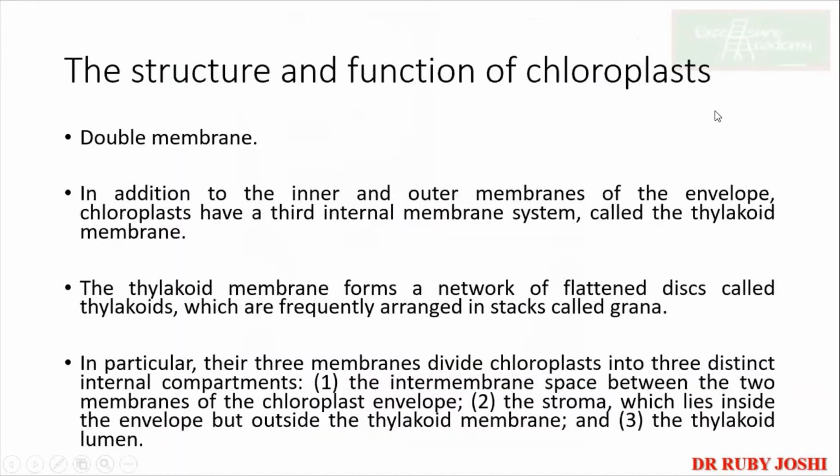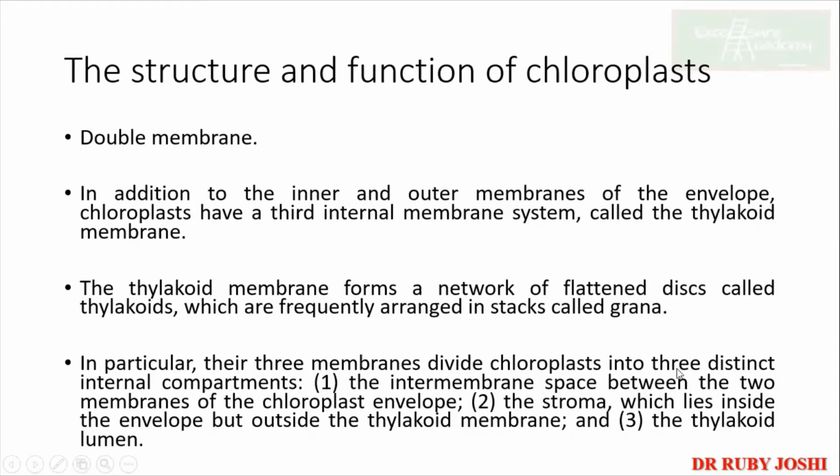Now the structure and the function of the chloroplast. So we already know that it is double membrane. In addition to the inner and outer membrane of the chloroplast, which is similar to your mitochondria, the chloroplast is having an additional third internal membrane system known as thylakoid membrane. Now these thylakoid membranes form a network of flattened discs known as thylakoids, and those stacks are known as the grana.